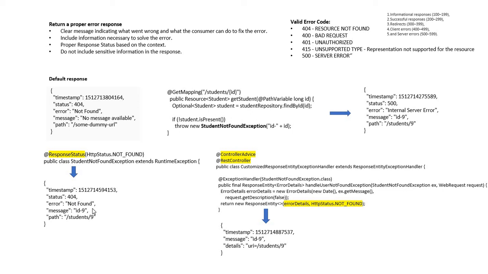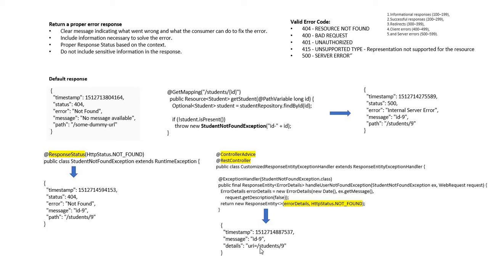On top of this, if you still want to add more messages, it is better to have an entity bean, populate it with all your details and send that back to the client. That is what we are doing here, there is an advice. I'm creating the error details object, putting everything into it, and sending that back to my client.